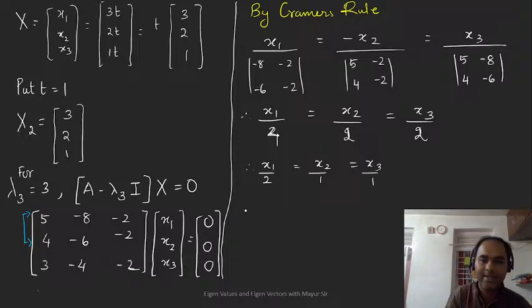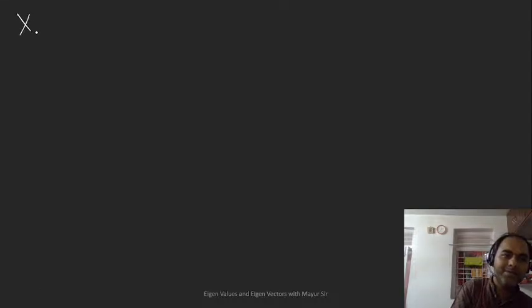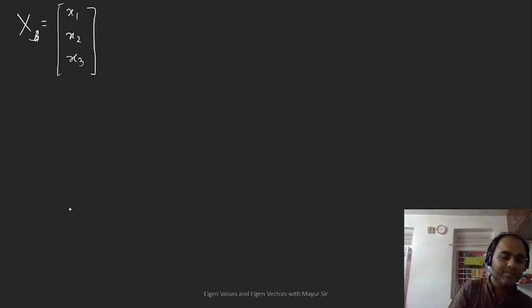Alright, so for the final answer, you can put t here itself and then you write x1 equal to 2t, x2 equal to t, x3 equal to t, and then you go for writing your capital X3. Capital X3, if you want to write, it's x1, x2, x3 general format.